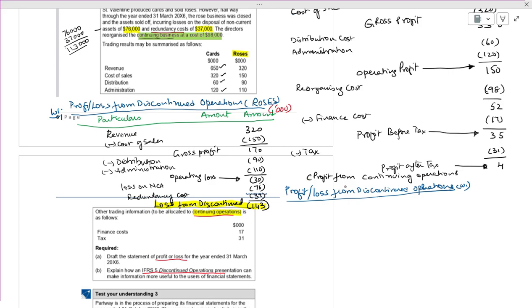Loss for the year from discontinued operations, 143. How much you will get? Total loss for the year, how much? 143 means it comes to 139. Is it right? This is the total loss for the year.